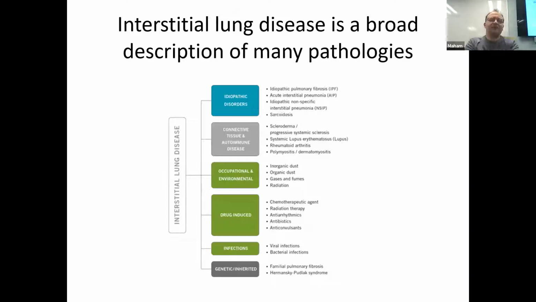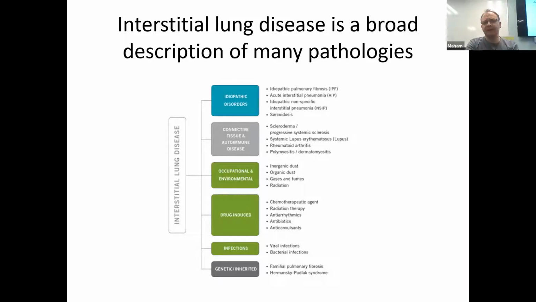So interstitial lung disease involving the lung parenchyma is a broad description of extremely many pathologies with different causes, different treatments. It's beyond one lecture on its own, so I'm going to speak in generalities for this lecture that really is focusing on the physiologic consequences of the problem rather than the specific pathology and therapy.